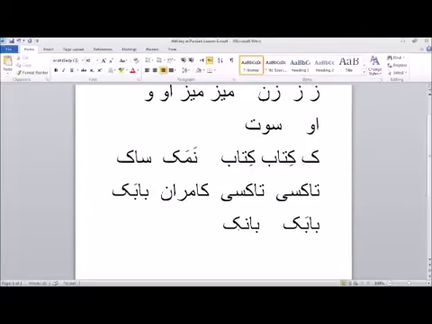Another one would be k, a, r. Kar means work. K is connective, a is non-connective, and r should be written separately. Kar. What about this one?